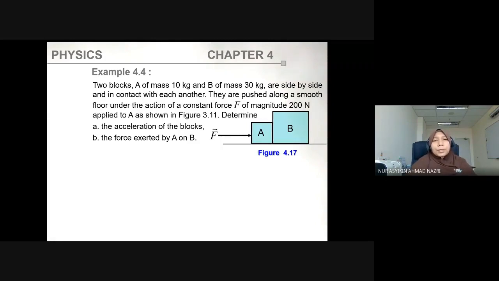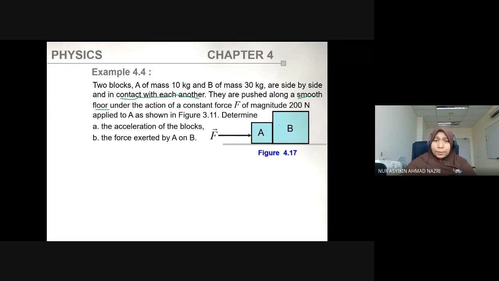For this case, two blocks, A of mass 10 kilogram and B of mass 30 kilogram, are side by side. Here they are in contact with each other. They are pushed along a smooth floor. So that settles one problem, because we don't need to consider the frictional force, right?